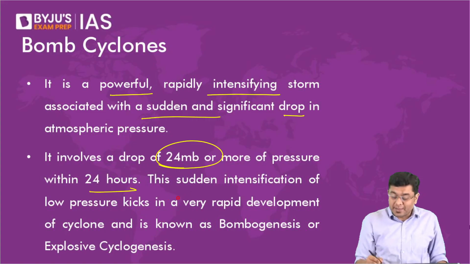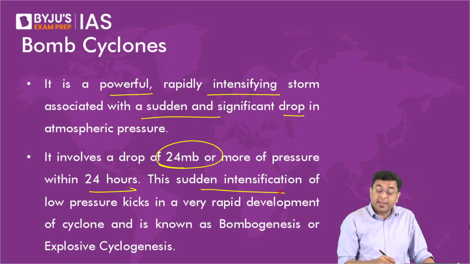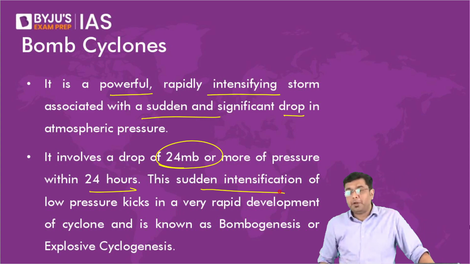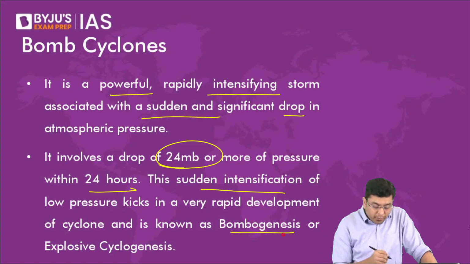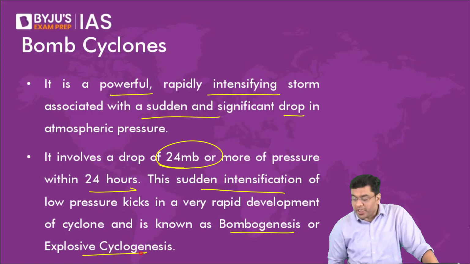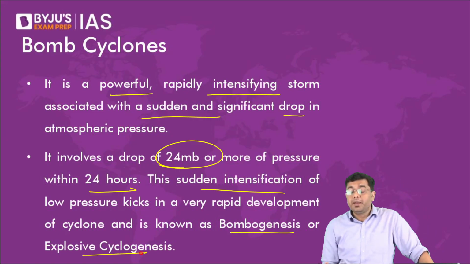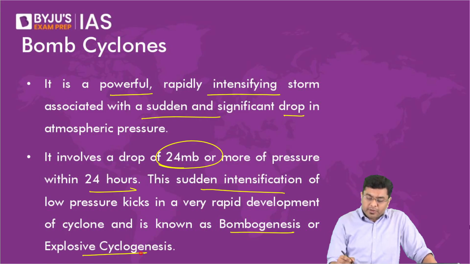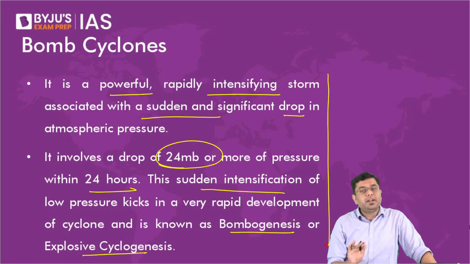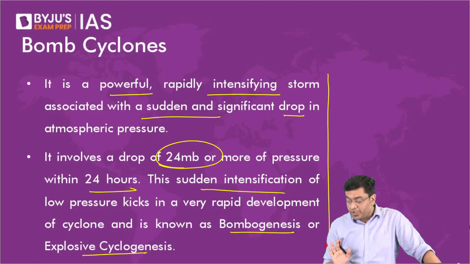As a result, there is a sudden intensification of low pressure, which kicks in a very rapid development of a cyclone, and that is what is referred to as bombogenesis or explosive cyclogenesis. That is what is associated whenever you talk about a bomb cyclone. Okay, so that is the aspect of the temperate cyclones in general.